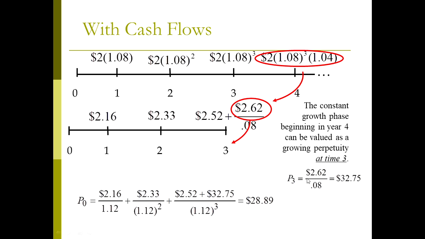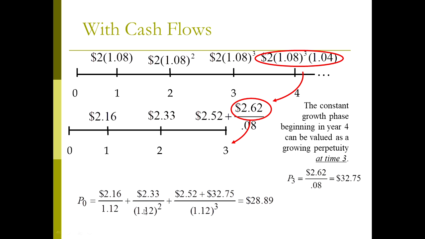Because remember our constant growth model, P0 equals D1 divided by R minus G. But if here, instead of D1, we're using D4, then we're actually calculating P3, which is $32.75.